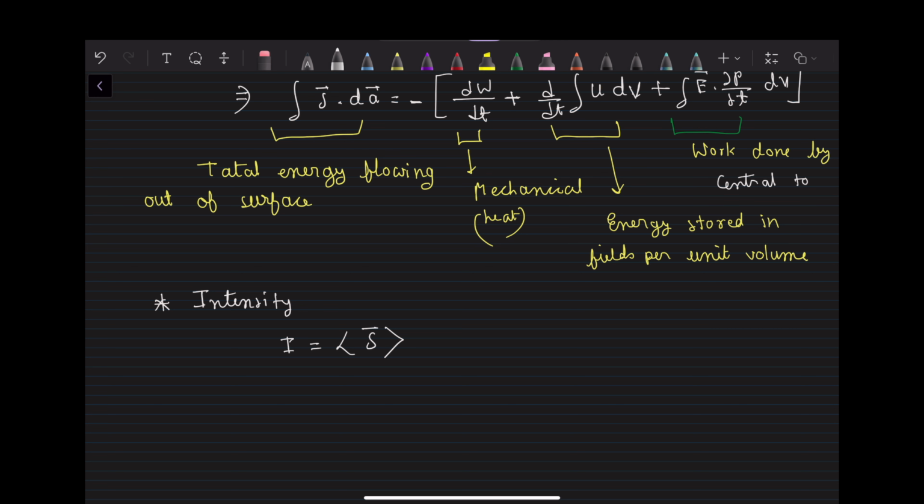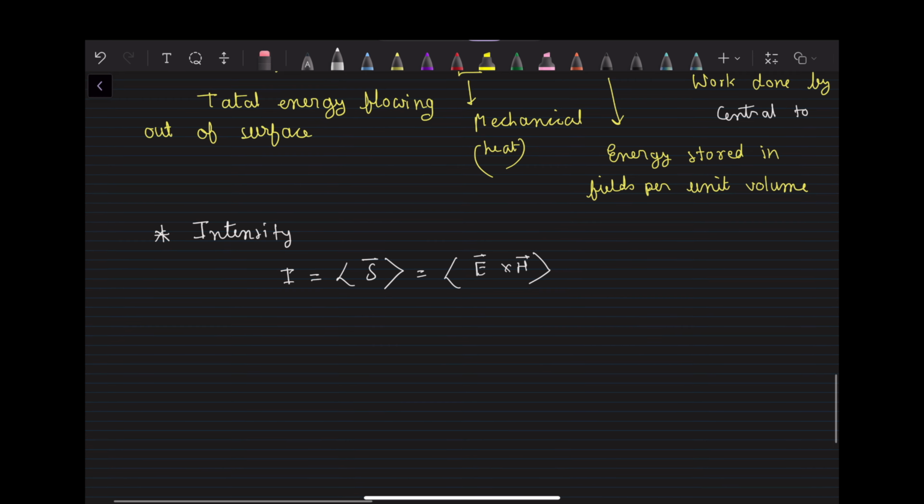So this bracket says we have taken an average, and from here we can find out expressions for intensity.